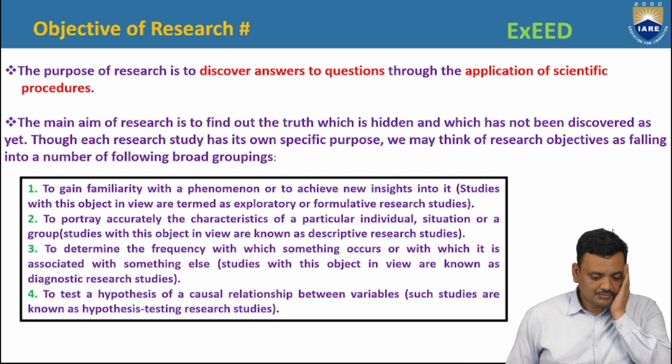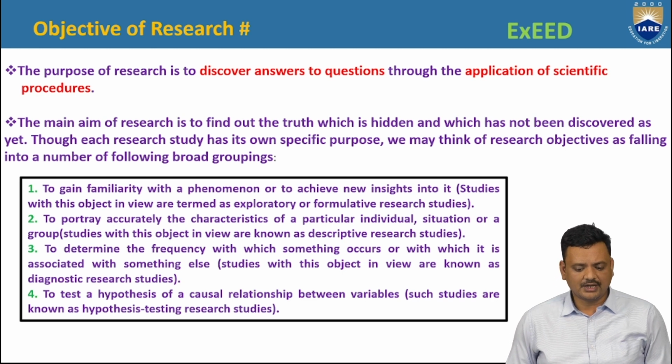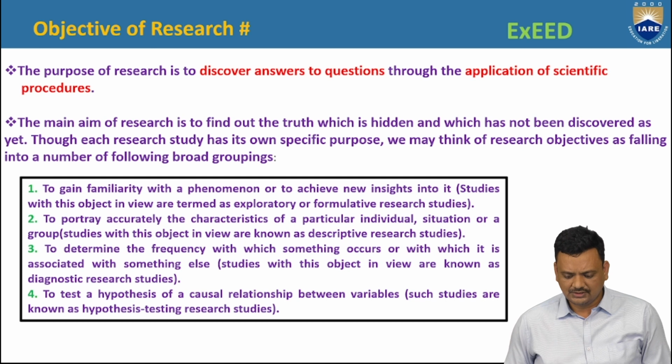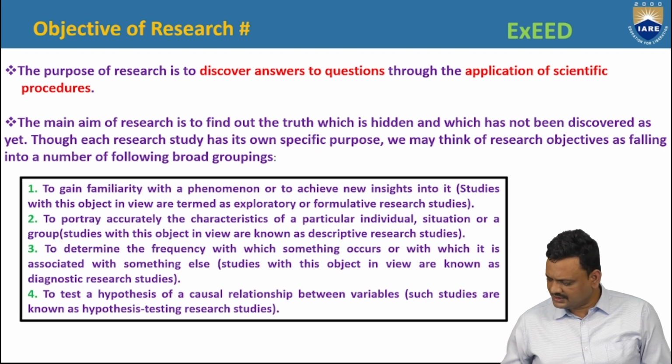Now, the second group is to portray accurately the characteristics of a particular individual, situation, or group. Studies with this object in view are known as descriptive research studies. Descriptive research means if I want to know the characteristics of these materials.